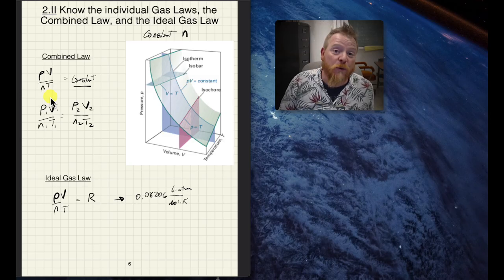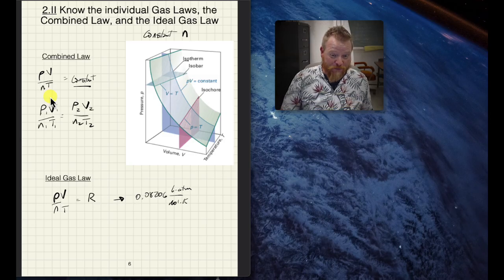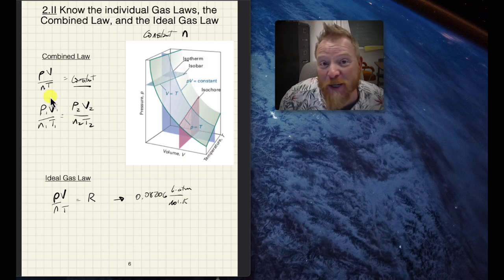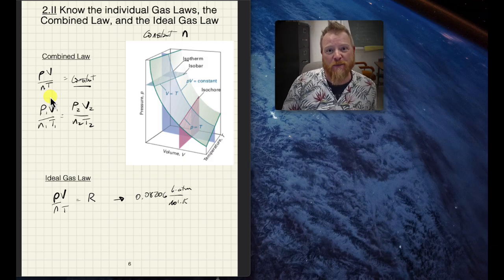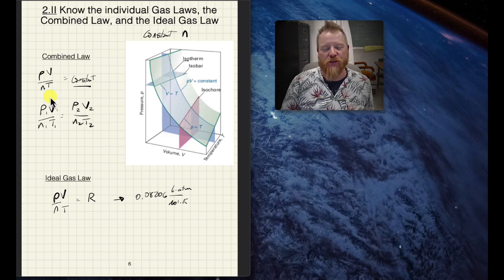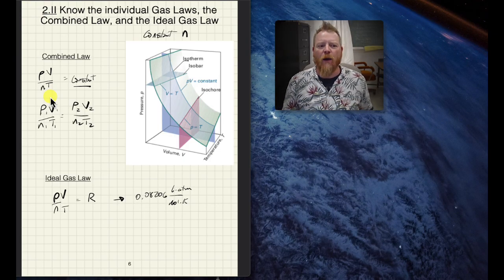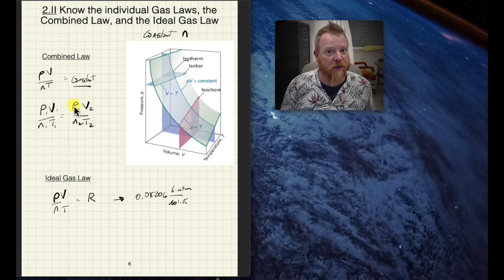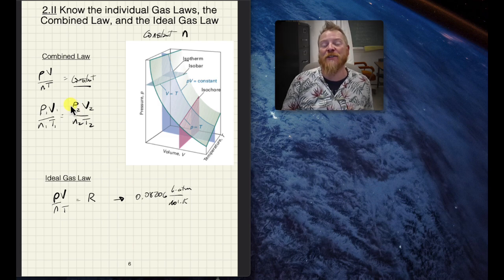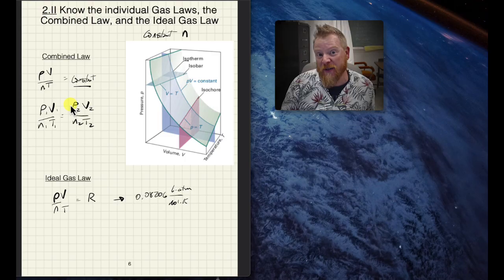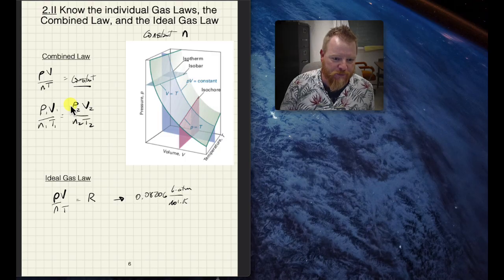Now, those were discovered to be empirically true under the conditions on planet Earth, right? People weren't doing these experiments in a vacuum chamber or in a really high pressure chamber. They did make attempts to do that, and we'll talk about those historical bases as we go. However, most if not all of these relationships were figured out in what we think of as this ideal gas regime, which just so happens to be about planet Earth conditions.